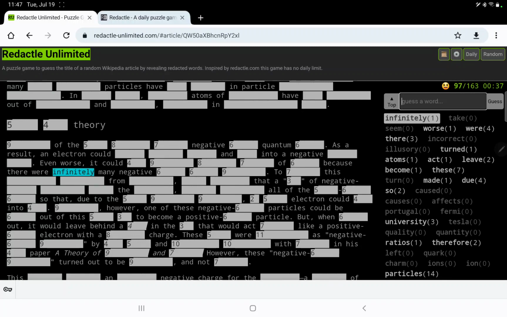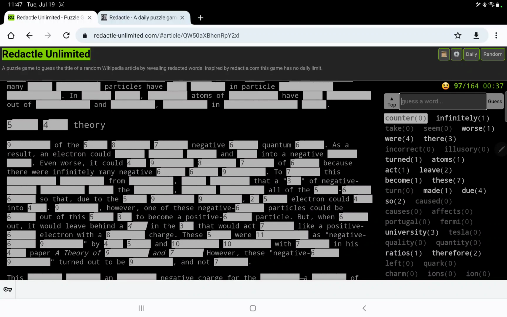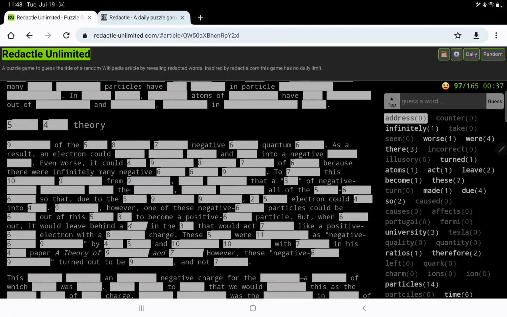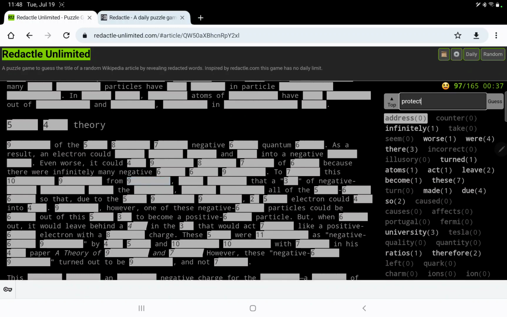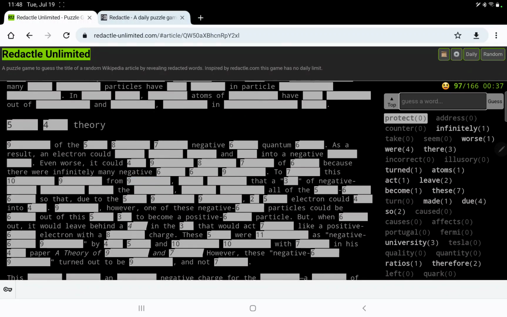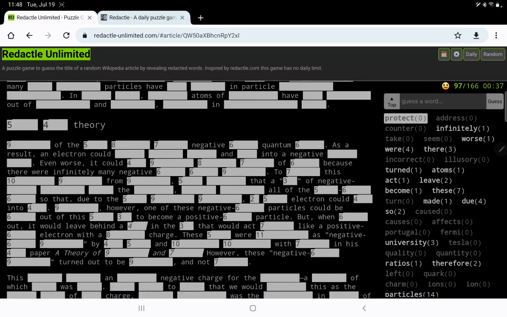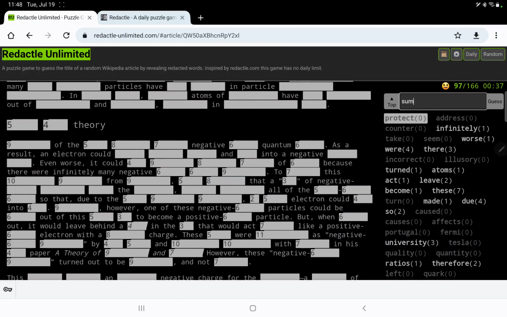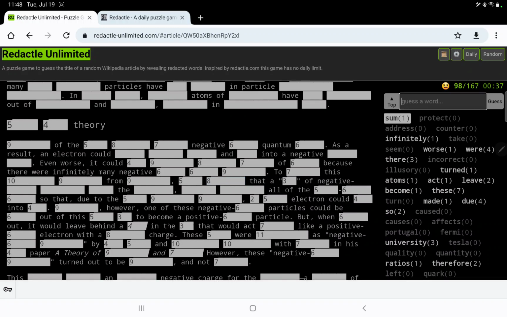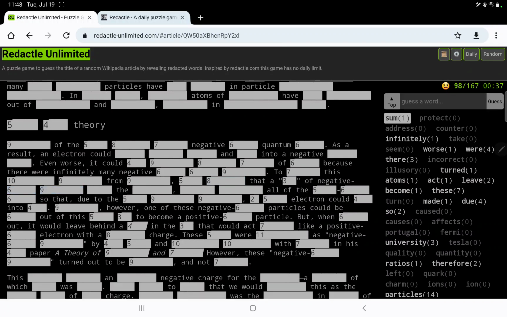There were infinitely many negative something. To counter this, no. To address this, no. To something this, that a sum, no, that a something of negative thing.